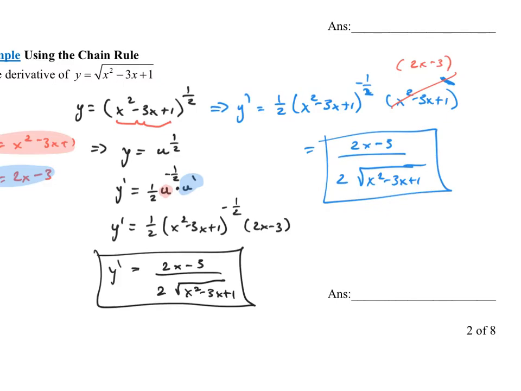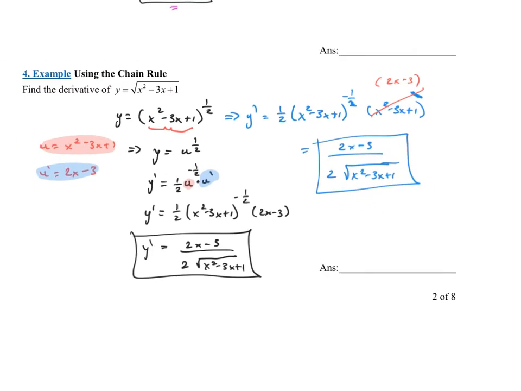So either of those methods works. In the full-on u substitution, you can see that we found u, we found du dx, we put y in terms of u, so we found dy du and du dx. We multiplied those two things together, simplified, and that got us our answer. If you're more of a traditionalist, which many teachers are, they want to see the full u substitution process.